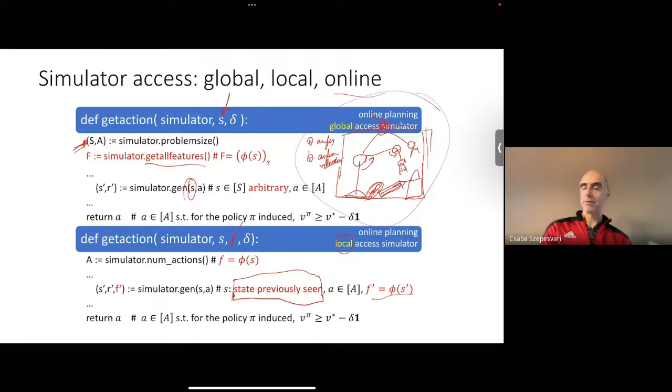So you may be able to prove that online access is really restrictive from the perspective of the planner. It's not just an inability to come up with the right planning algorithm to use under online access, but the problem is made harder, like the planner has to work more. So there are possibly real differences between how you can access the simulator. So here we have the global, local and online access.